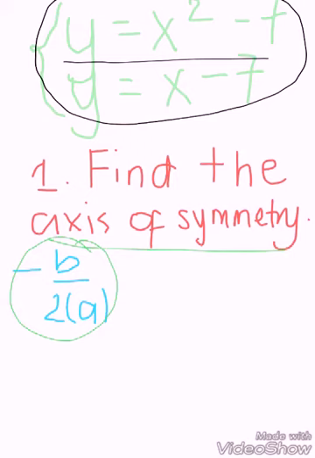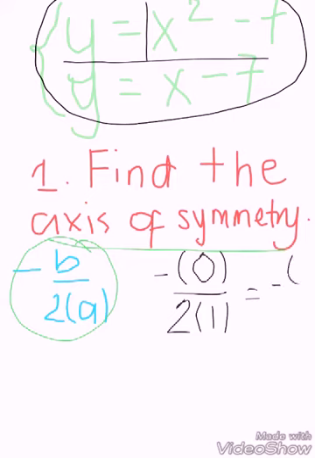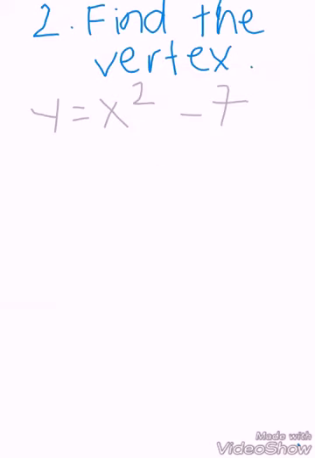The b here is nothing, so we're just going to write negative 0, over 2 times the invisible 1, so 2 times 1. The negative 0 divided by 2 is going to be 0. So that's the axis of symmetry.